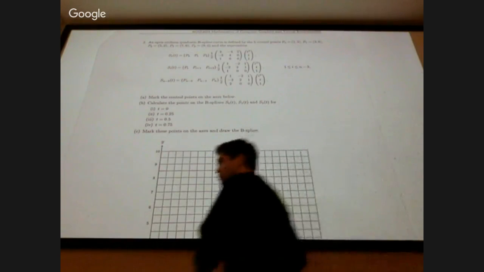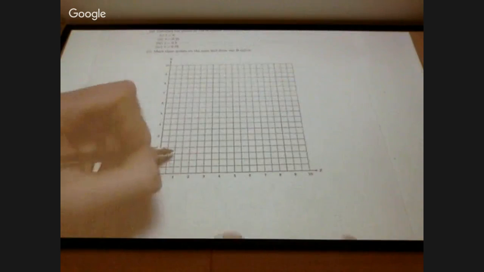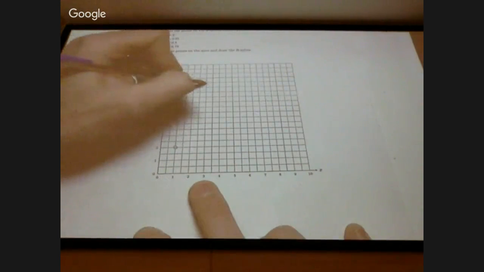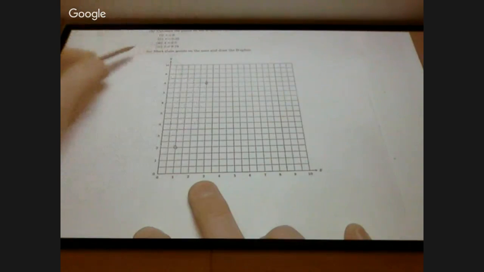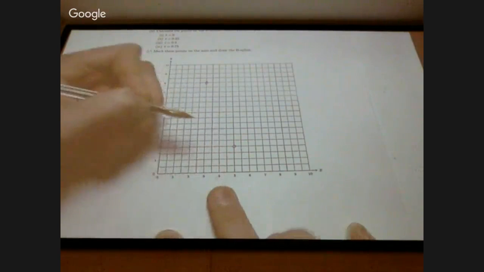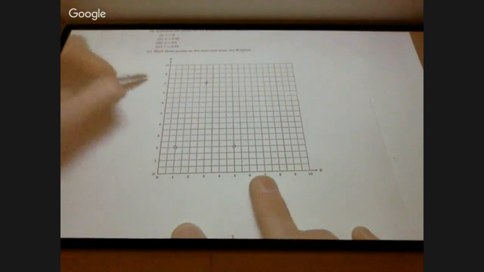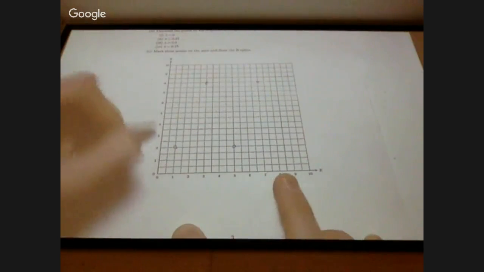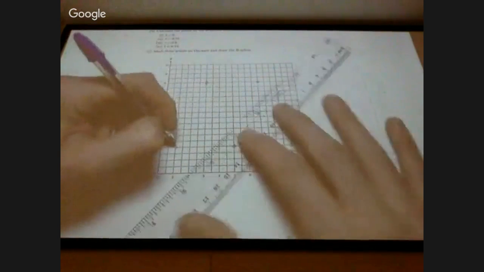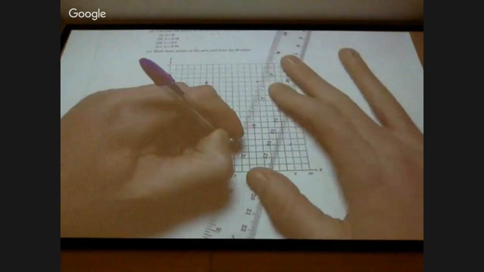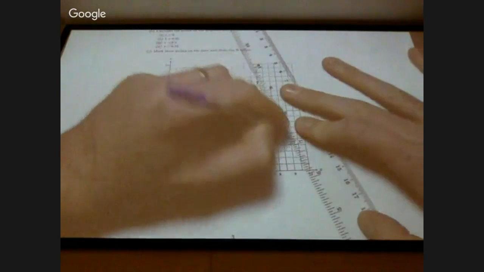So we'll start off by marking out the points on the axes: 0, 2; 3, 8; 5, 2; 7, 8; and 9, 2. So those are my control points.